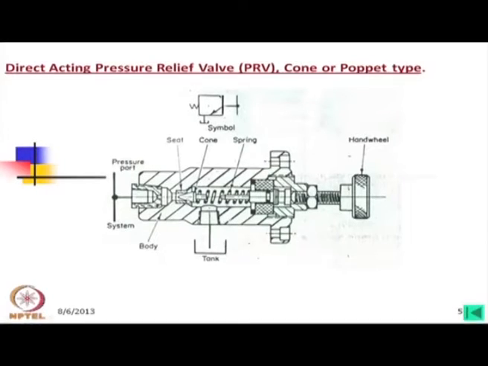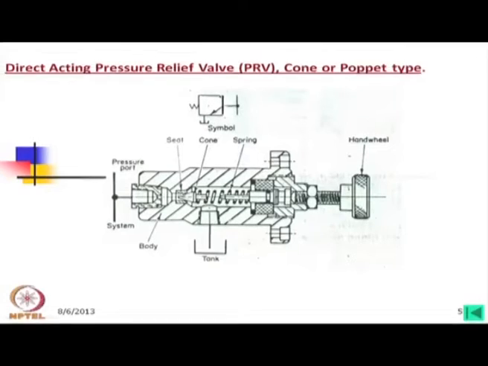Now, when this force exceeds the force given by this spring, then there will be an opening. So, oil will directly go to the tank. This means, suppose we have a set pressure of 10 megapascal. When the pressure exceeds 10 megapascal, this will open.